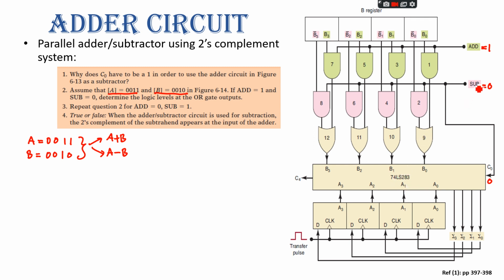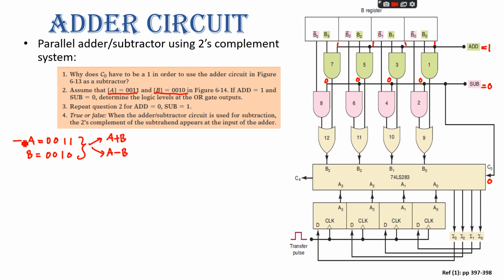Since you have put sub command 0, for these AND gates one of the inputs would be 0. Similarly, since add command is 1, for the AND gates 1, 3, 5, 7, one of the inputs will be 1.